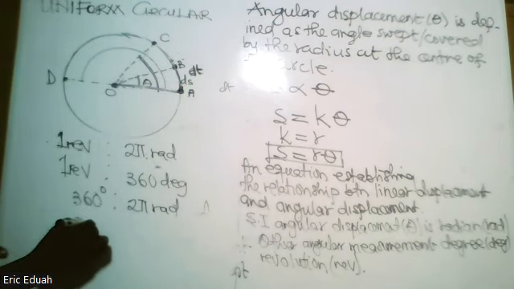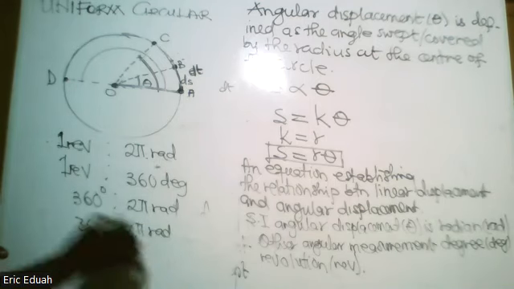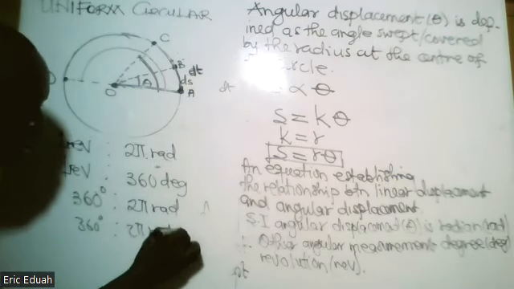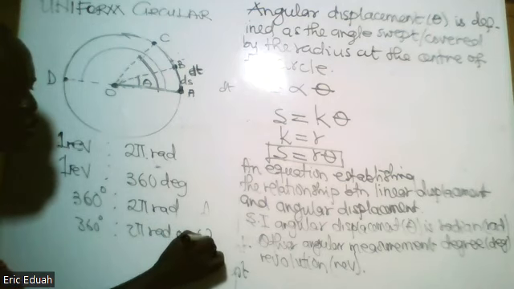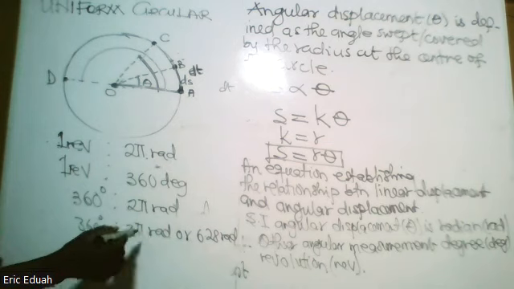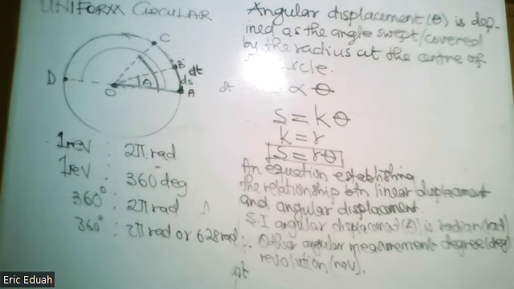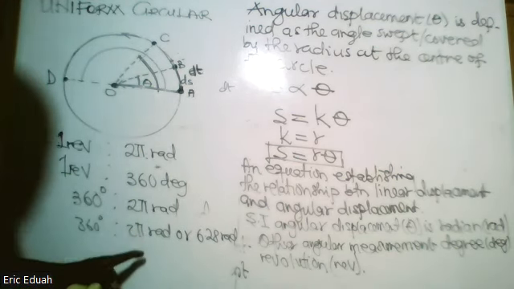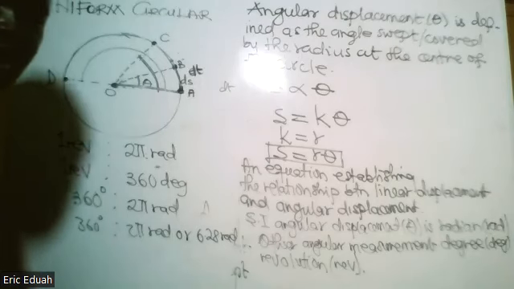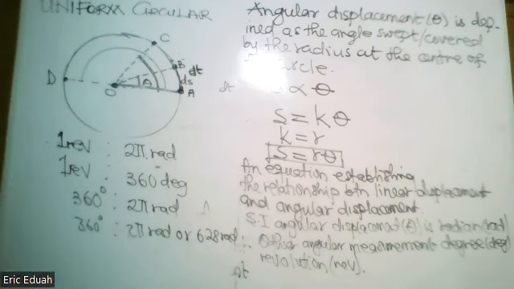So 360 degrees is 2 pi radian, or 6.28 radian. This is 6.28 because when you substitute the value of pi, 22/7, and multiply that by 2, check and then confirm the result for me. What will you have?